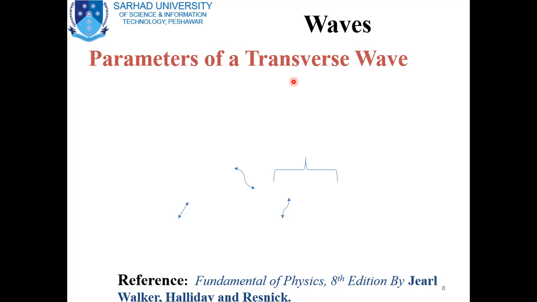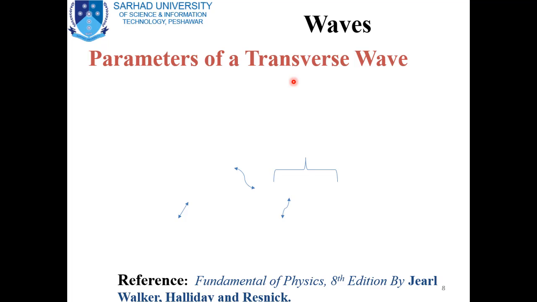Parameters of transverse waves. We are only focused on transverse waves in this chapter. As in a transverse wave, the particles of the medium vibrate perpendicular to the direction of propagation, we need two axes to describe the transverse wave: the x-axis, which is taken for the propagation of waves, and the y-axis, in which the particles oscillate, that is, the particles move up and down.